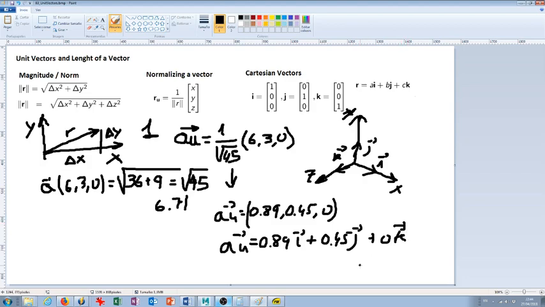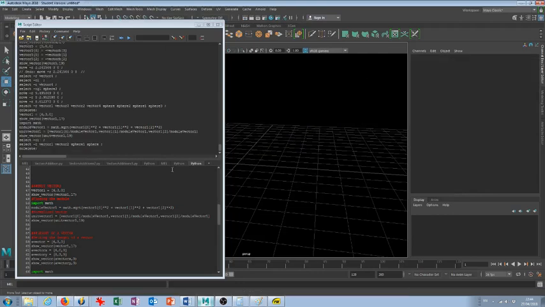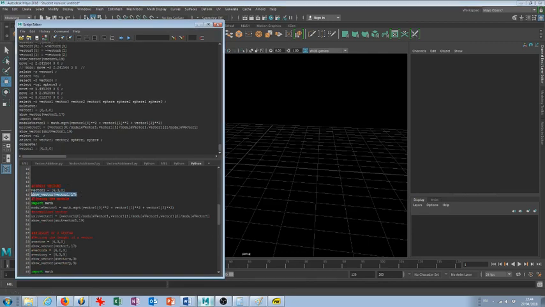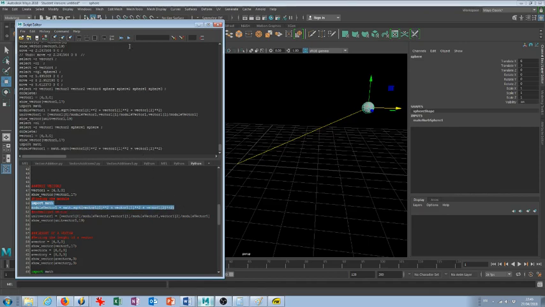Okay, so let's see this in Maya. Let me delete this, and what I do here is I have my vector 6, 3, 0, and I show it on the screen, right? I import this math module so that it allows me to calculate the square root to calculate the module. So I calculate the module, and it's 6.7. That is what I had worked out on the other screen, and I normalize it now.